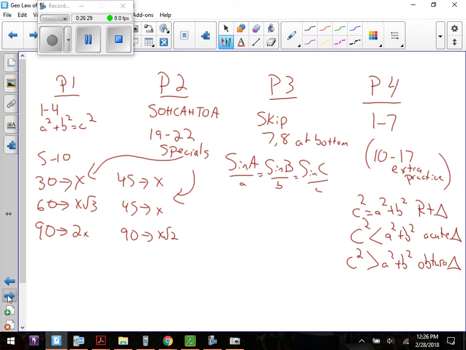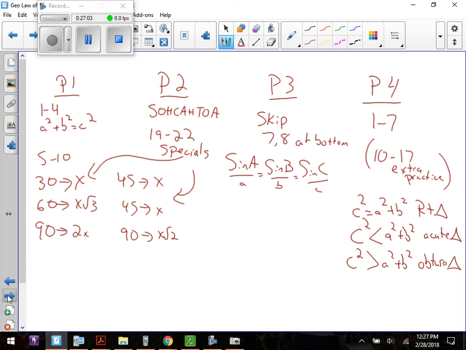The first 4 problems on the first page are just Pythagorean theorem. The bottom of that first page is your special right triangles. It tells you what you're looking at to be able to solve. The top half of the second page is all your SOHCAHTOA. The bottom part, which starts at 19, is when you rotate through 2 triangles and specials.